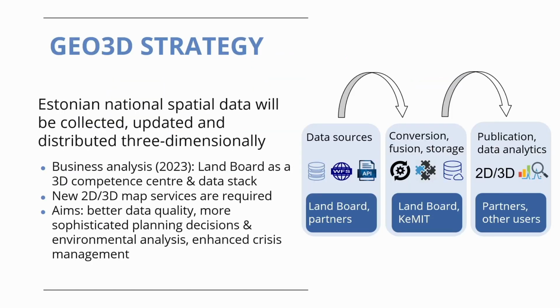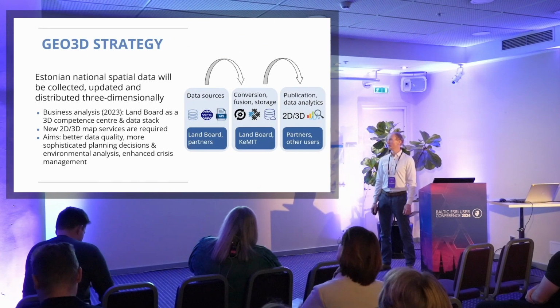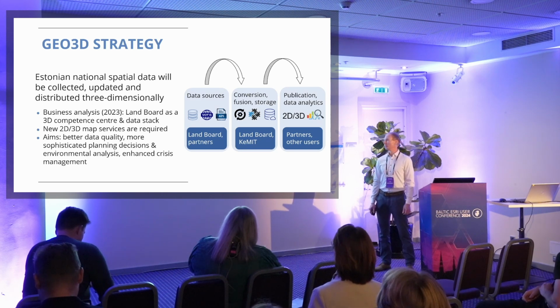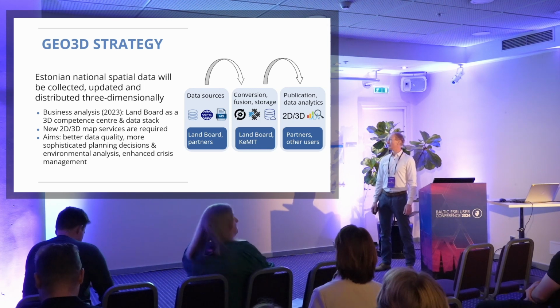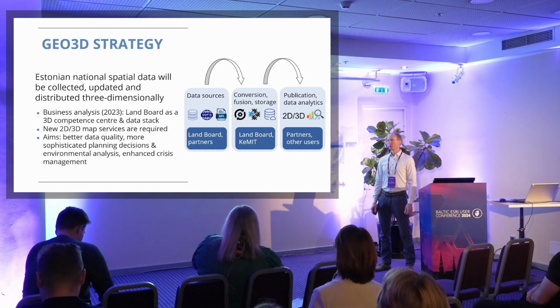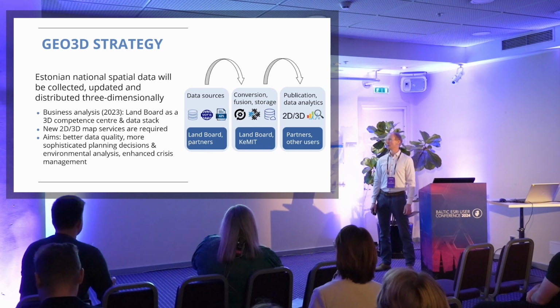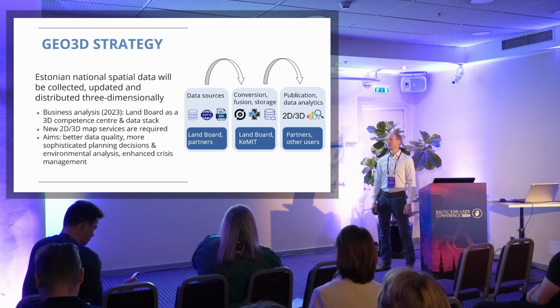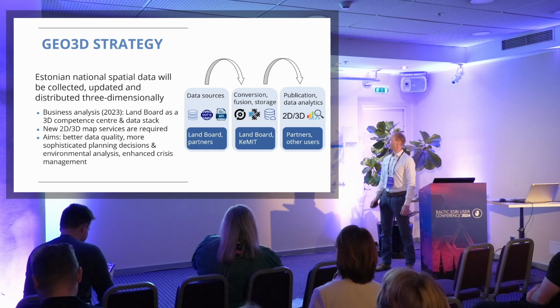Let's move forward. This is the outline of the Geo 3D strategy in the Land Board. During the next couple of years, we are moving to three-dimensional data acquisition, storage, and delivery, including a new aerophoto camera, a laser scanner for our plane, and new software and hardware capabilities.